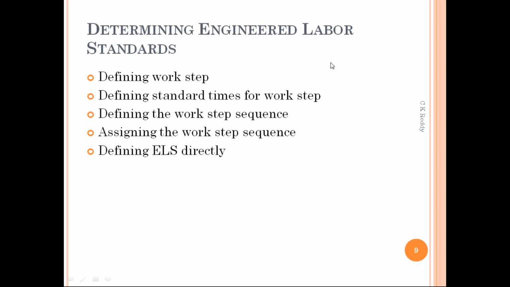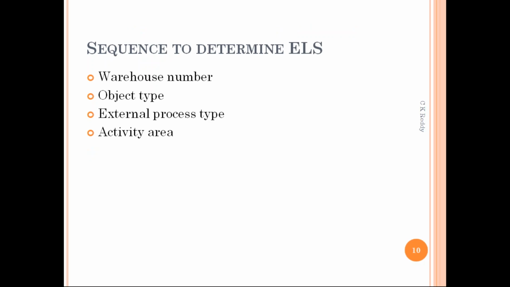Now here, determining engineered labor standard: defining work steps and standard times. A work step is nothing but an external step, and work step sequences are one after another. We can assign the work step sequences, or else define engineered labor standards directly. Here we can see the sequence in the system to determine the engineered labor standards.